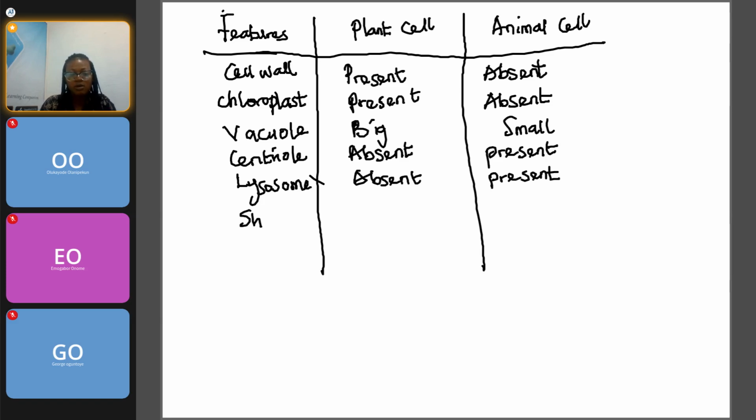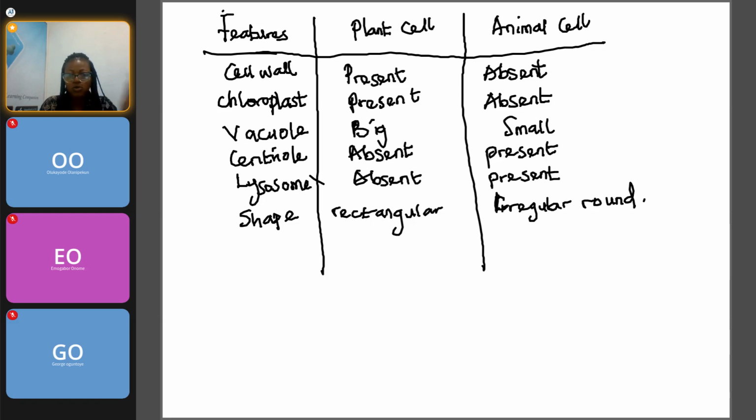You can also talk about the shape. Yes, you can also talk about the shape. For plant cell, we can say it is rectangular in shape, while for animal cell, we can say it is irregular round. Yes, you cannot just call it round, you can say irregular round.